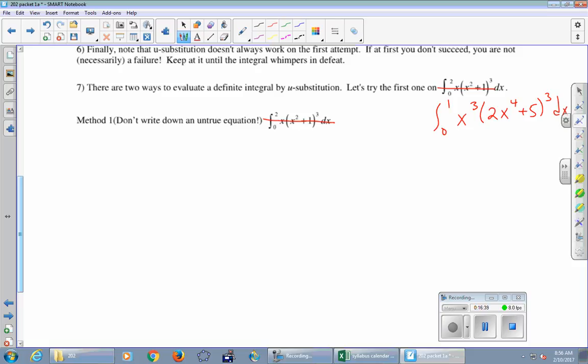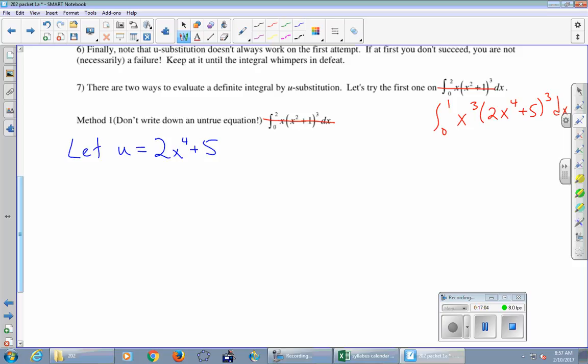So the first thing we do is we pick our u. If you've got some complicated stuff in parentheses, that's probably a good place to start. So what's a good choice for us here? We changed that integral to the thing in the red. So 2x to the 4 plus 5.